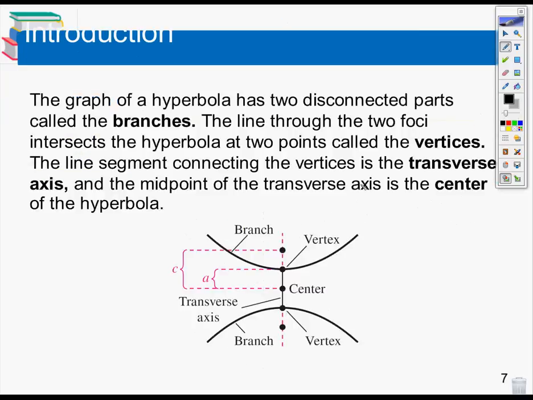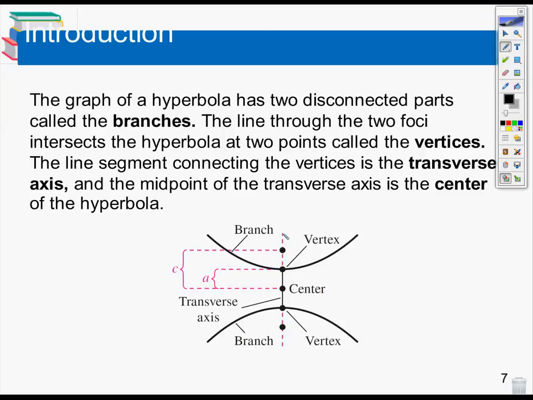So a little bit of vocabulary about hyperbolas before we jump into anything. The two separated pieces are called branches. Those two branches are parabolic-type shapes, and they go on forever, each with its own focus within the branch. In ellipses we had a major axis and a minor axis.